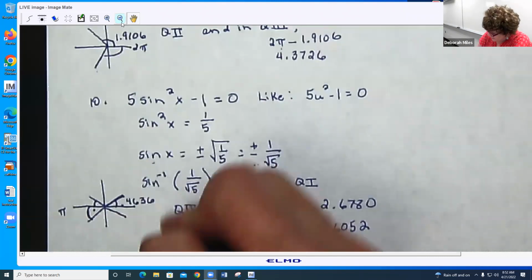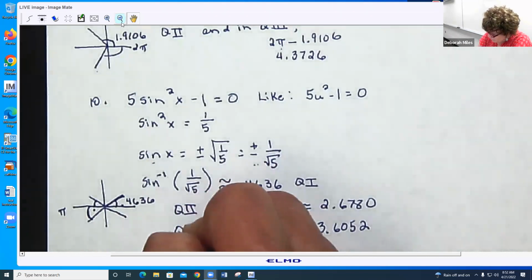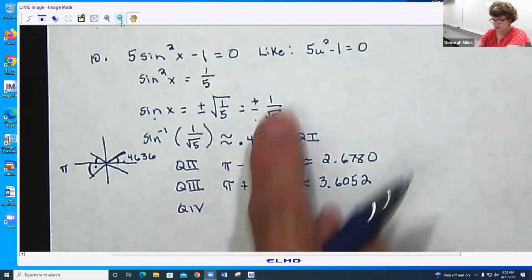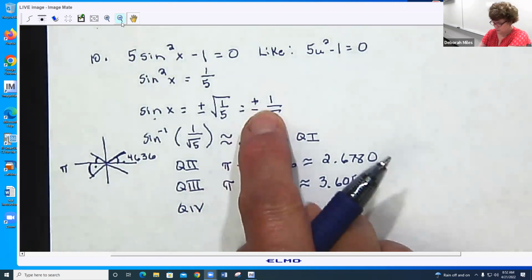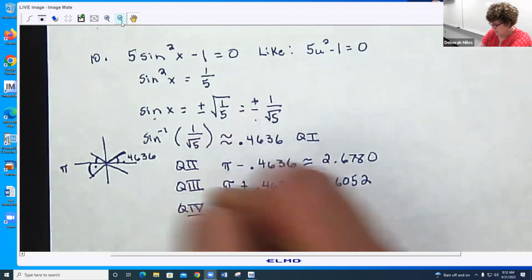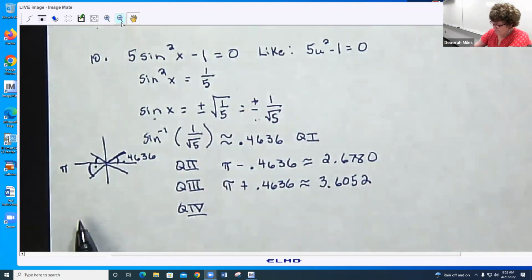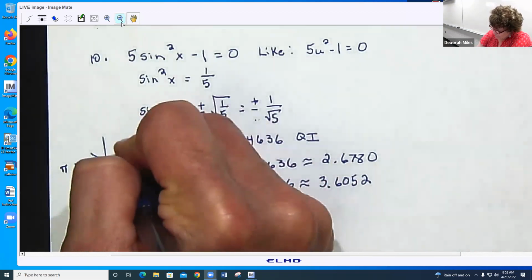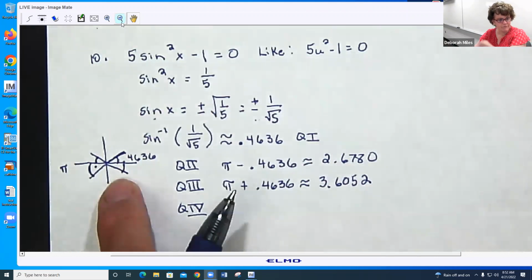All right, one more. The quadrant 4 angle, and the reason we're getting 4 answers here is because of the plus or minus. How do you think we would find the 4th quadrant angle that's about half a radian short of being 1 complete revolution?